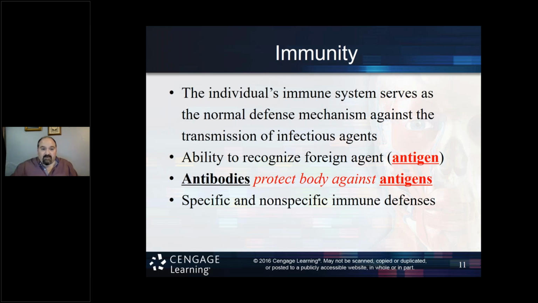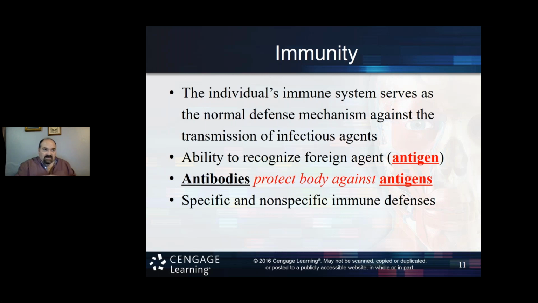Okay, it's pretty remarkable. So antibodies protect the body against antigens. They will mark a cell that's infected. They'll mark a cell that's a bacteria, that's non-self, right? They'll mark it for destruction. So antibodies don't necessarily directly destroy a cell.